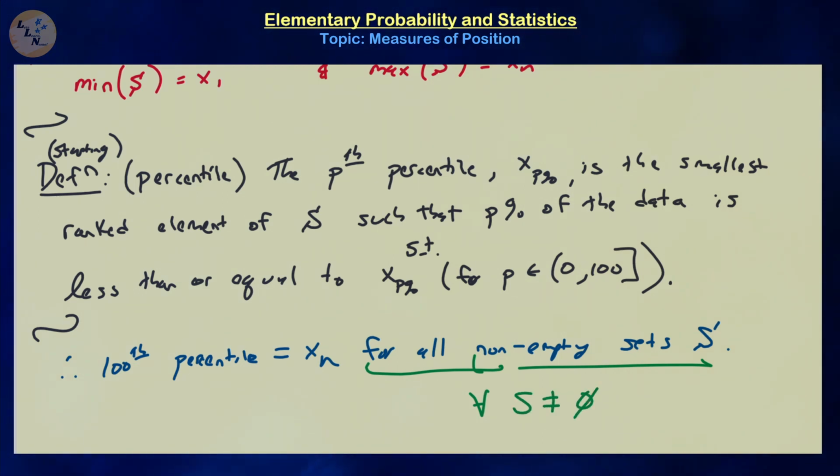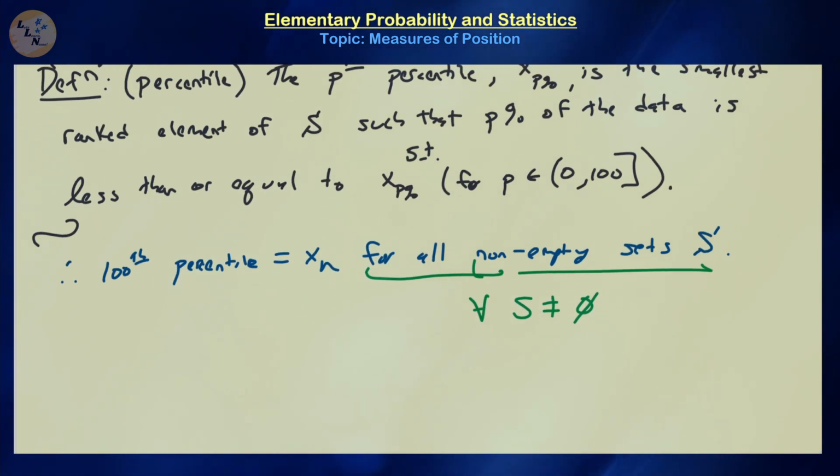That's just set notation for the same exact thing. And why do we say that xn is the 100th percentile of the set? Because 100% of the data is less than or equal to the maximal element of the set by construction, right? So that is the basic definition of percentiles.